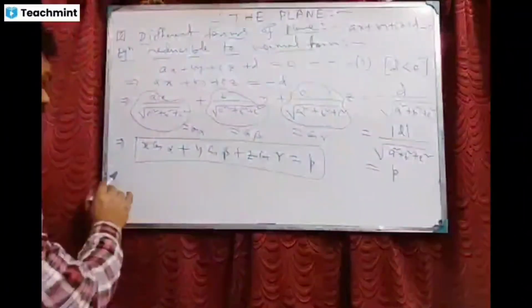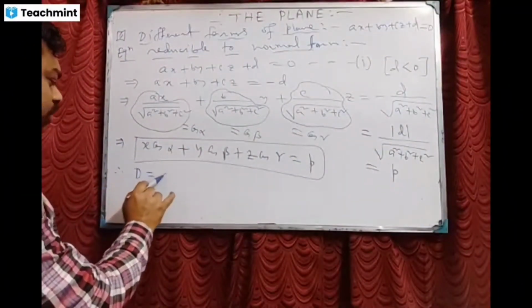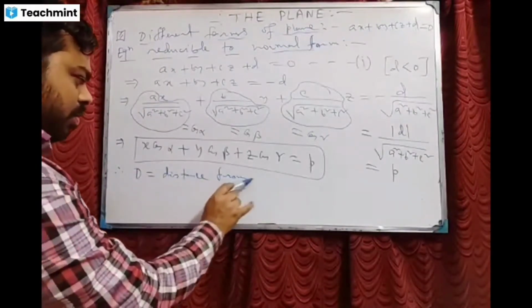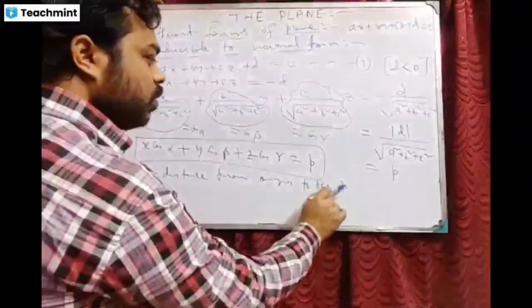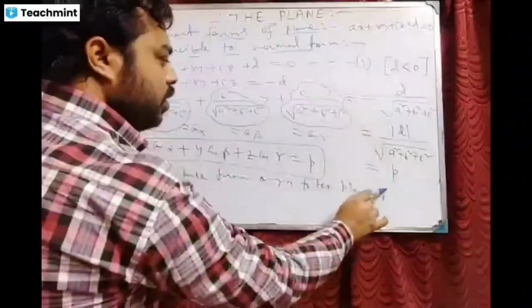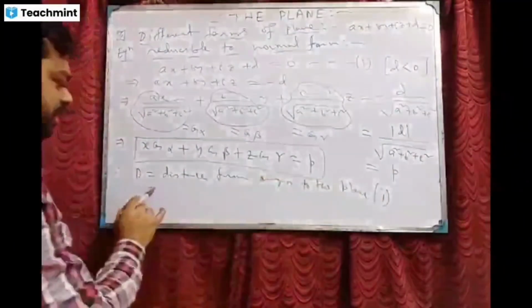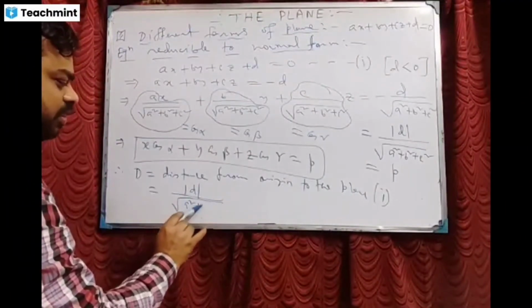So therefore, suppose D is the distance from the origin to plane 1, and this is nothing but mod d by root over a square plus b square plus c square.